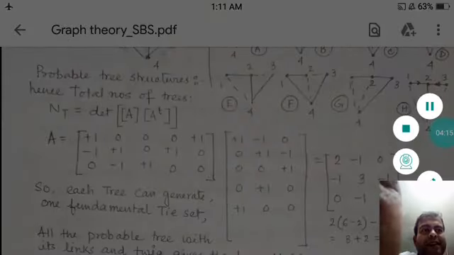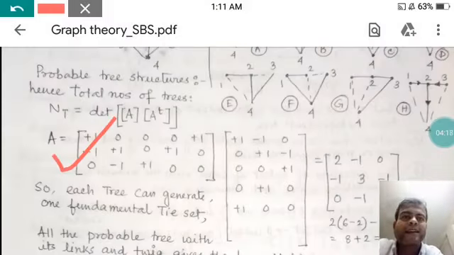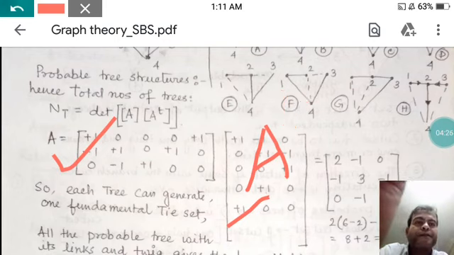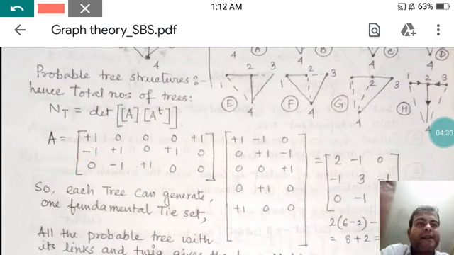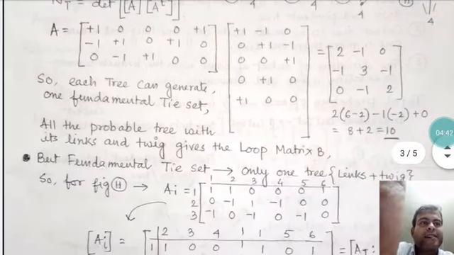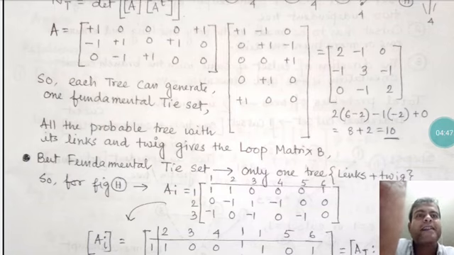Finally, when this A and A transpose are multiplied and the determinant is taken, the value comes out as 10. So a total of 10 trees are there. I took only 8 into account, but there are 2 more.